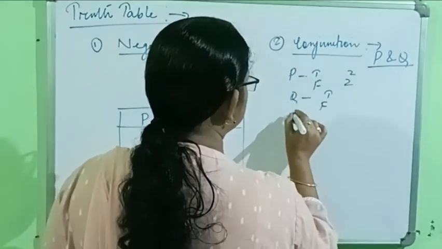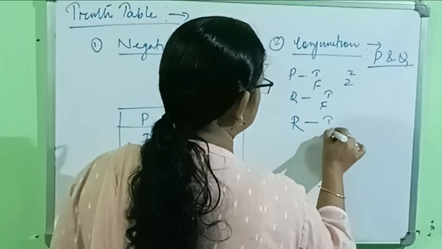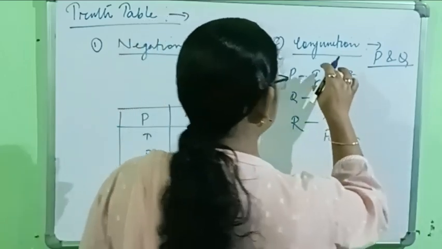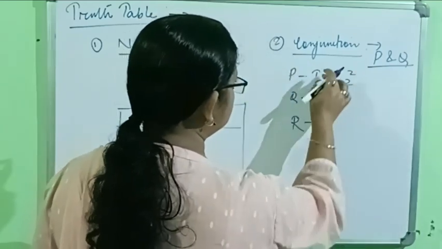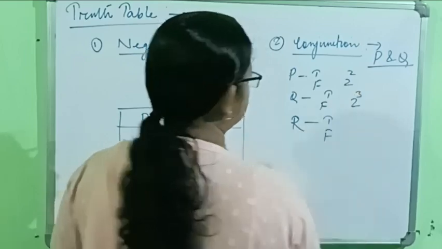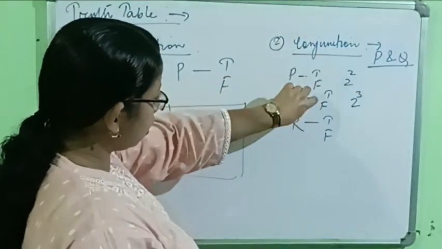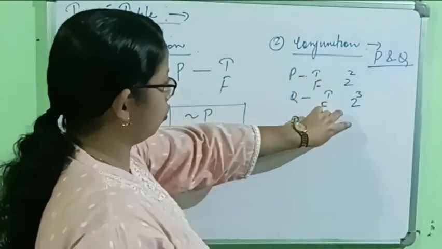If I have one more sentence, P, Q, R, then I will have true or false for each. So for each I have two options. That means 2 to the power 3. Here I have two options, here I have two options.